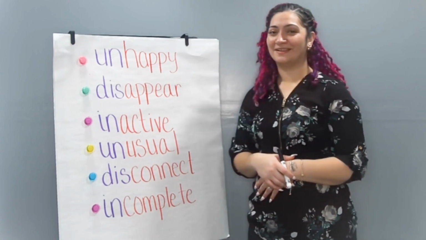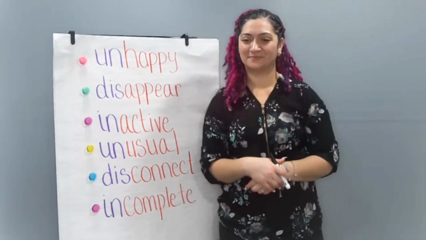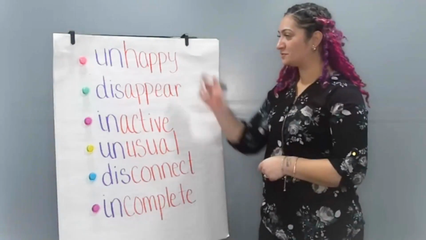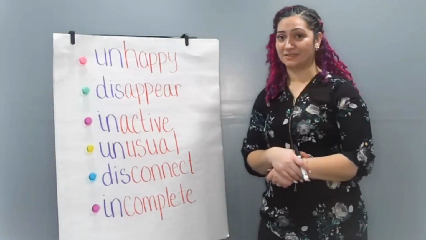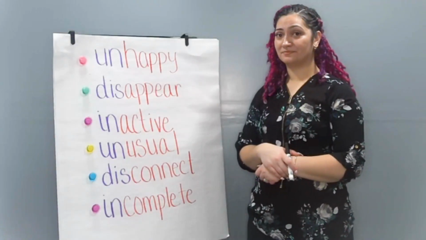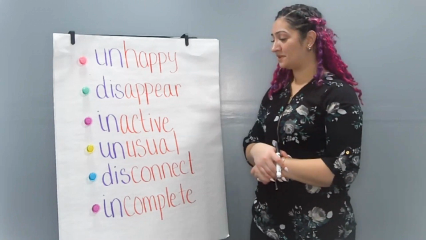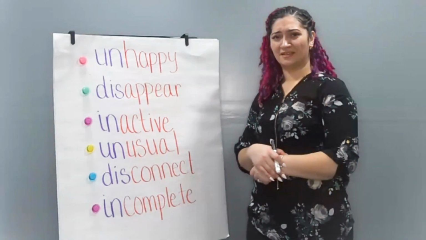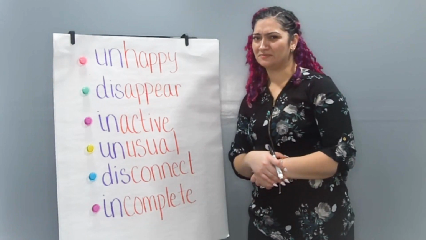All right, let's read our second sentence. It is very blank to see a dog walking on 2 feet. That sounds silly. Which word are you going to write down to finish that sentence? What would it be to see a dog walking on 2 feet? Is that something you would normally see?